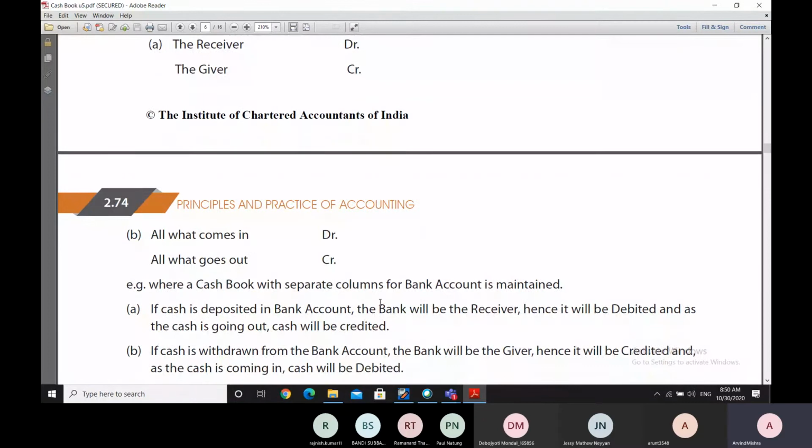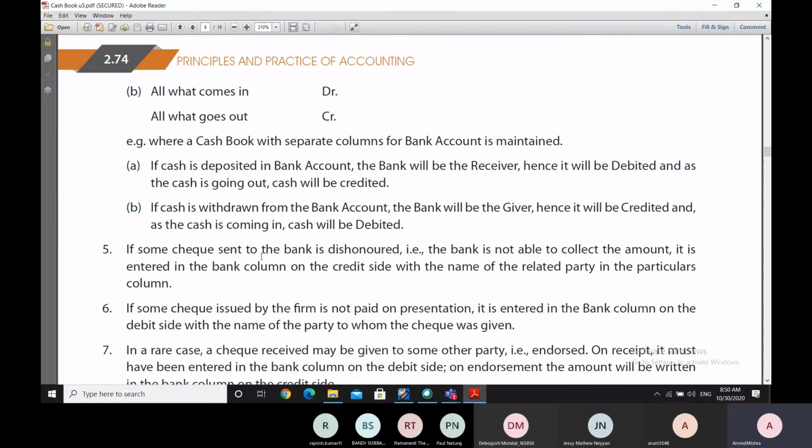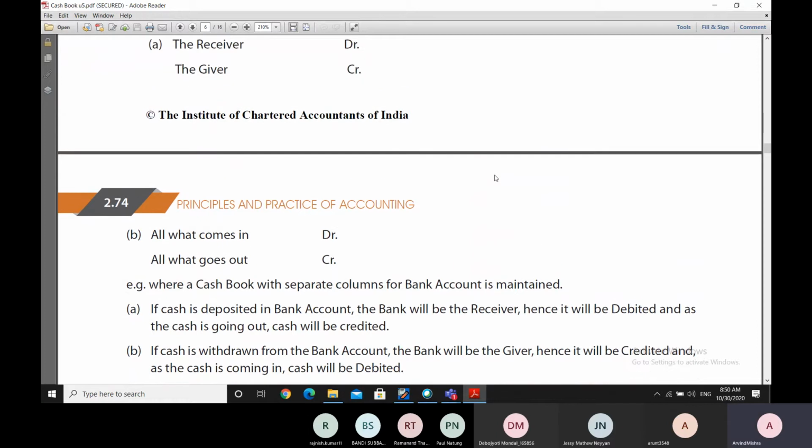So, for example, where a cash book with separate columns for bank account is maintained, if cash is deposited in the bank account, the bank is the receiver of the cash. Since the bank is the receiver, we will debit the bank account, and as cash is going out, we'll credit the cash account.